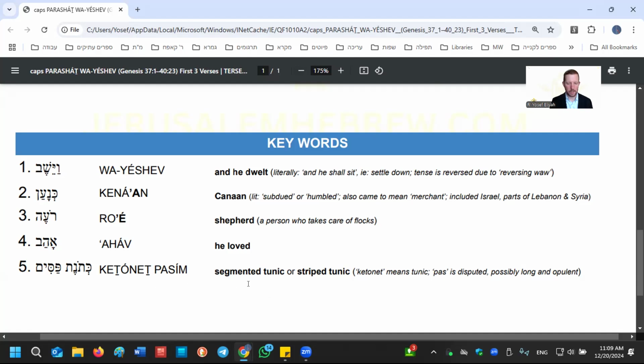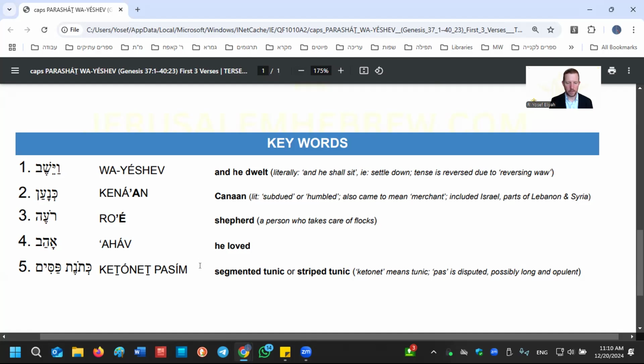We know what kethoneth means, it's a tunic, but pasim, because it is so infrequently used in ancient Hebrew literature, you don't have as much context in the text to give greater certainty as to what pas actually means. But comparing it to closely related Semitic languages, other languages that are closely related to Hebrew, it appears to be related to the concept of segmentation.